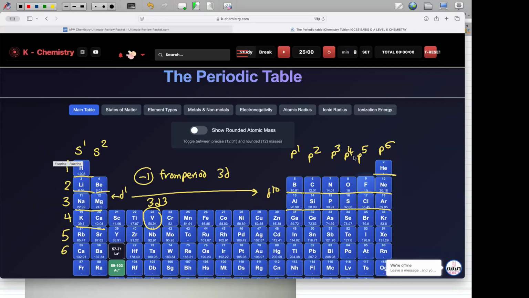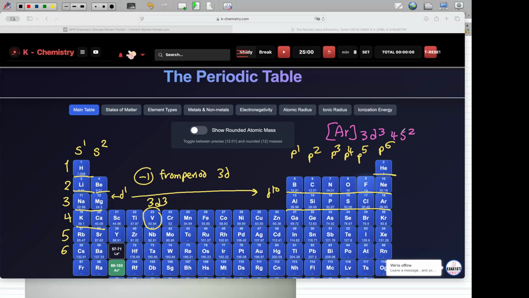This will help you not to forget. So let's write the configuration one more time. We are until argon here. We can write argon. We didn't say write the shorthand, but this time only I'm writing it. Then 4s2 and then 3d3. So in the transition metals, it's better to write the 3d first and then write the 4s2.